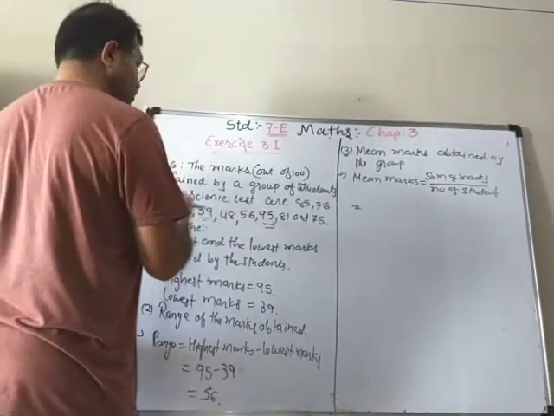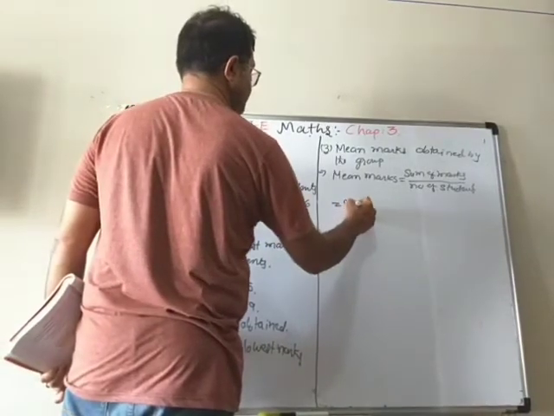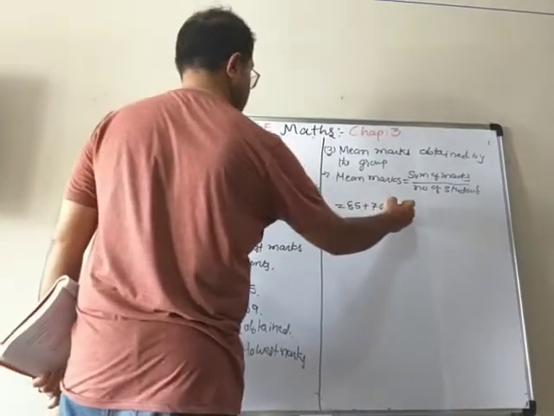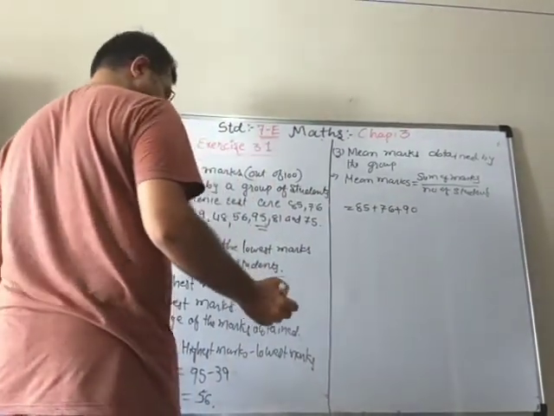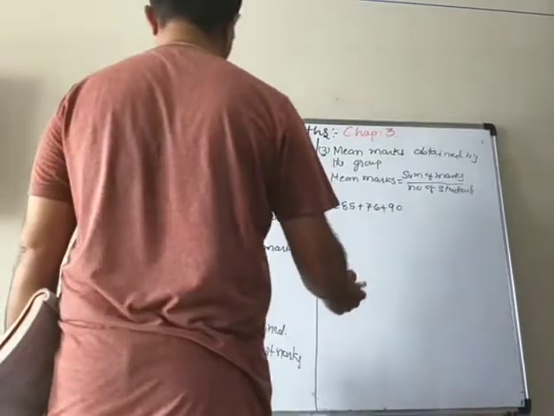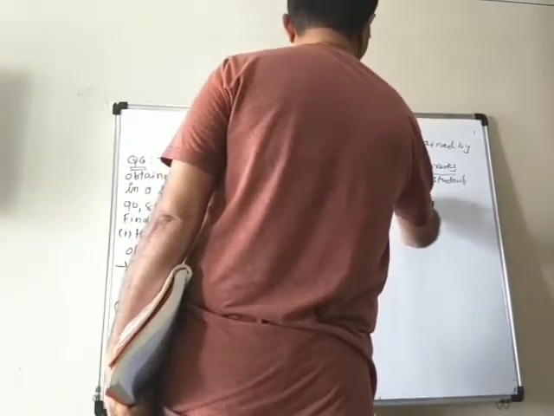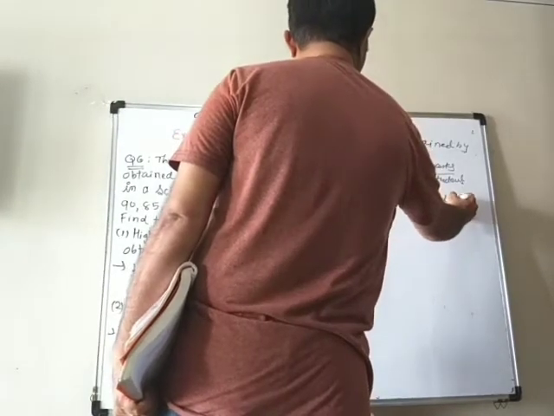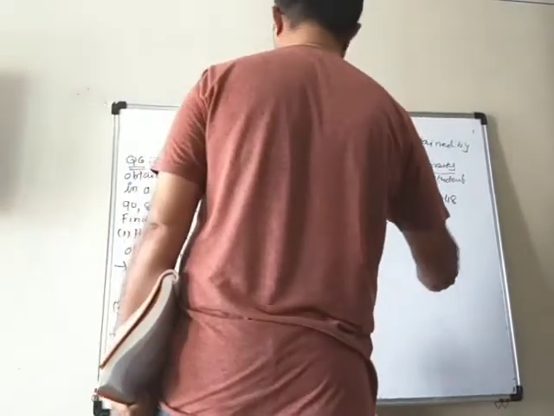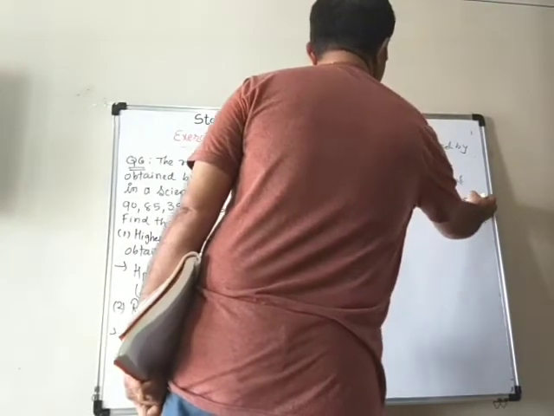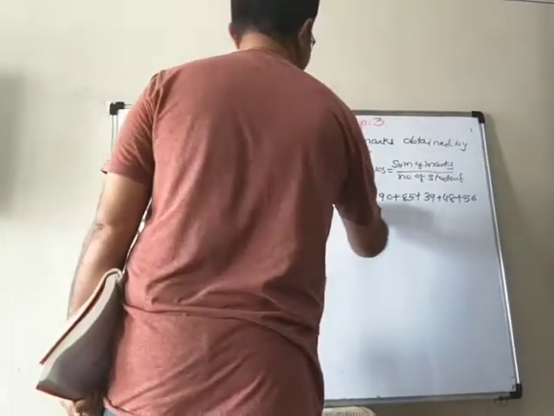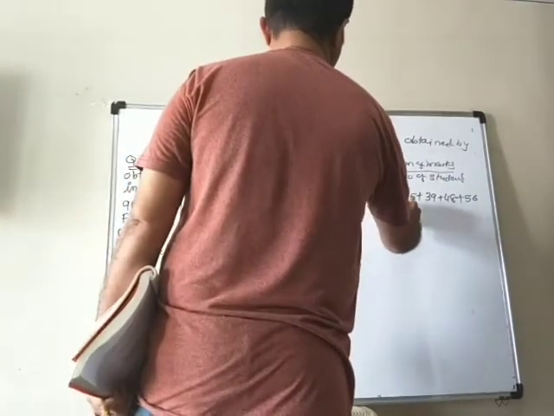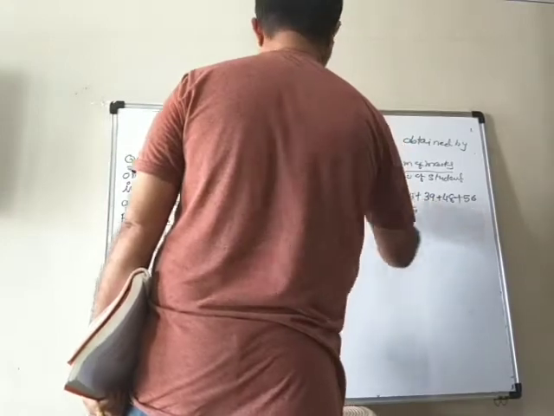Here we will add all of them, means 85 plus 76 plus 90 plus 85 plus 39 plus 48 plus 56 plus 95 plus 81 plus 75.